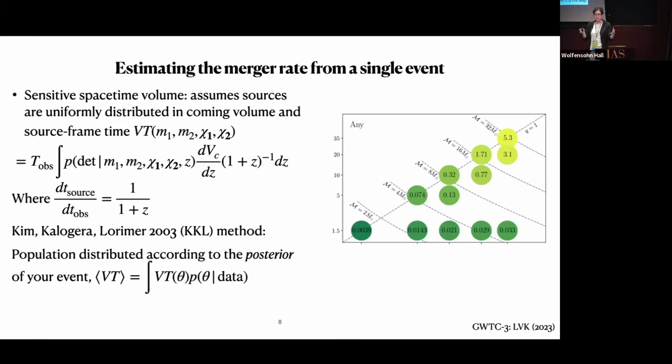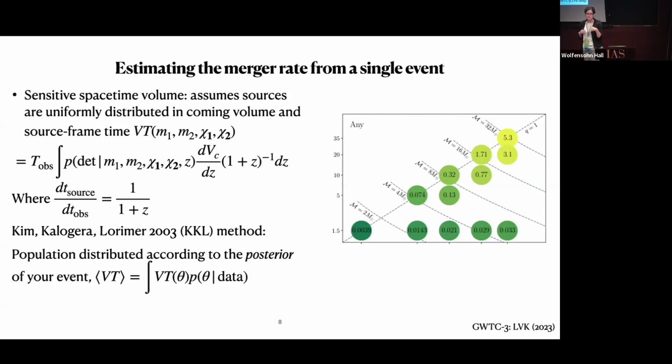So you multiply the time you've been observing, T obs, and then you have to calculate what the probability is, or what fraction of sources with these masses and spins you would detect at a given redshift.